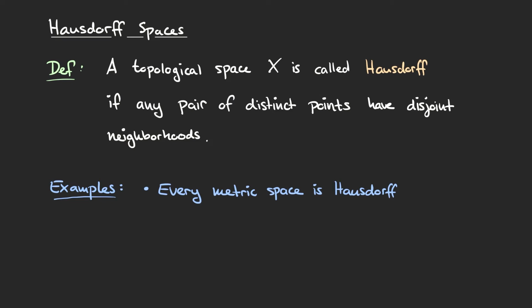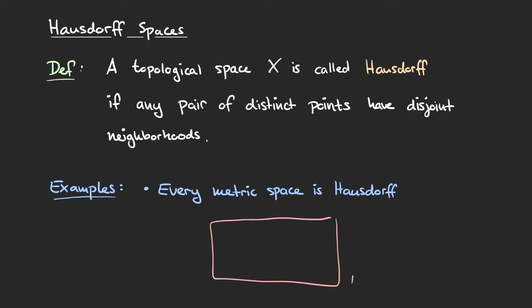The distance function has to be symmetric, and also it has to fulfill the triangle inequality. Now, if we have such a metric space, we can put a topology on it by specifying that the open sets are just open balls around any point. So an open ball around some point x of radius r is just all the points that have distance less than r from x. Now, why are metric spaces Hausdorff?